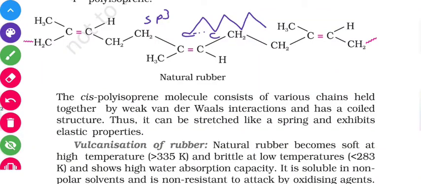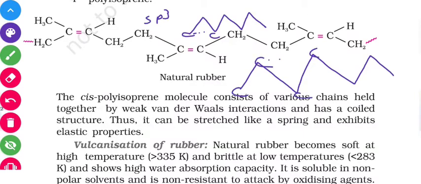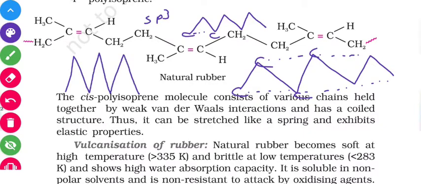If they are comparatively close enough, then attraction will occur. So if this is the structure of rubber, and carbon is present here, here, here and here, then they will produce weak attraction with each other, something like this. And because of this type of attraction, they will shift comparatively closer to each other like this.